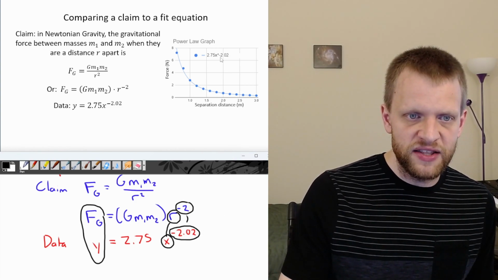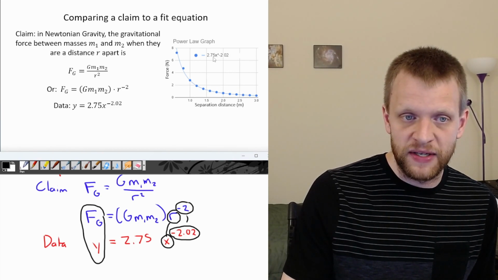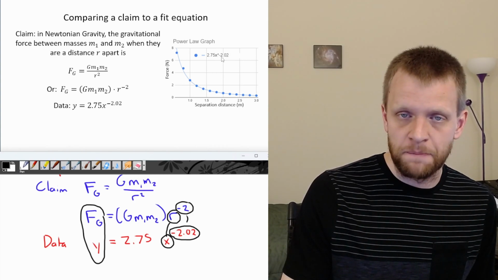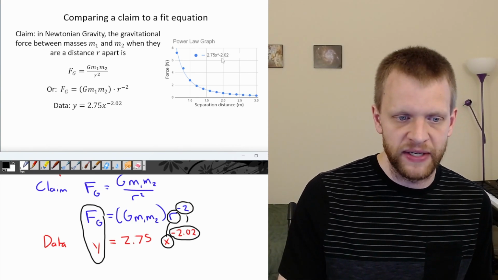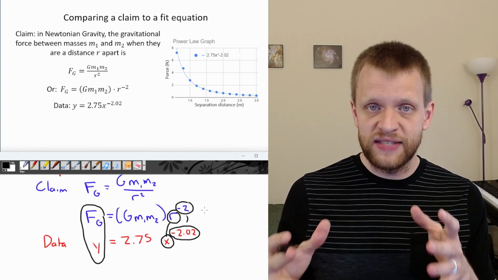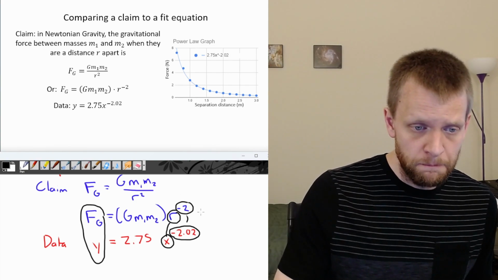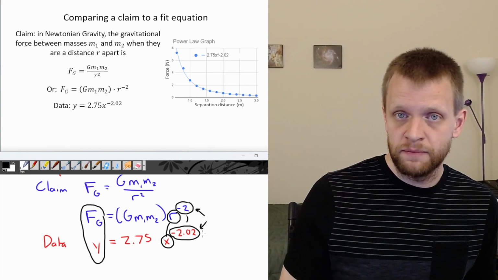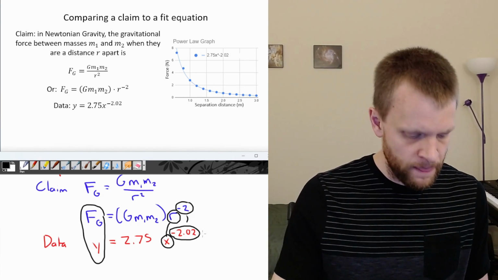If I took these measurements and I got something like x to the power of negative 4, or x to the power of negative 0.3, or x to the power of 7, or something completely different than negative 2, that data would not support the claim. But if they match up fairly well, then we would say, okay, this data does support this claim within a reasonable experimental accuracy.